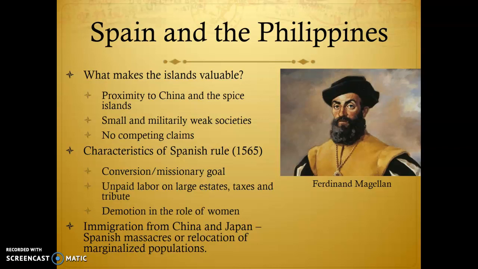And there are some really, really key humanitarian issues. In one case, you have lots and lots of migration of merchants from China and Japan, notably. This creates a great deal of issues in terms of segregation and conflicts between ethnic groups in the islands of the Philippines. We also have some religious diversity in the Philippines.